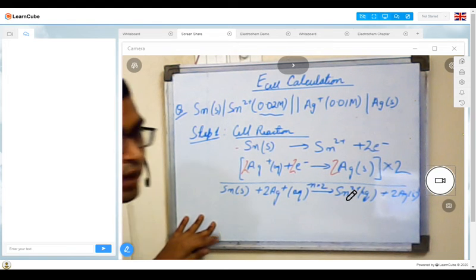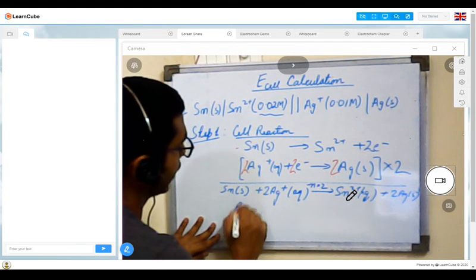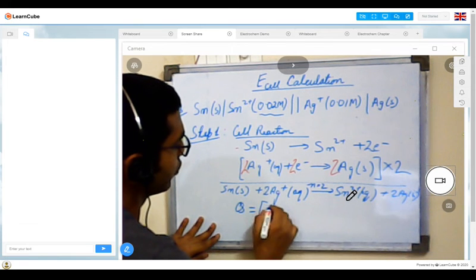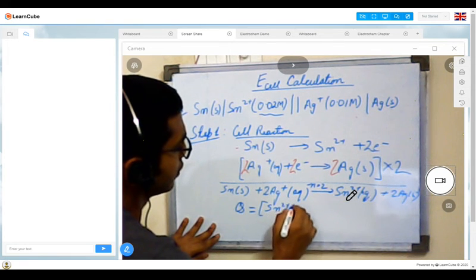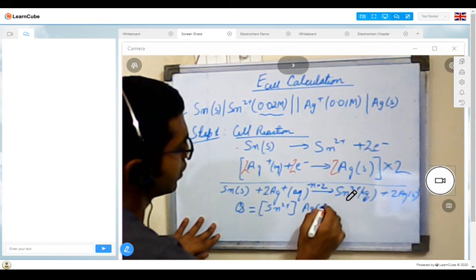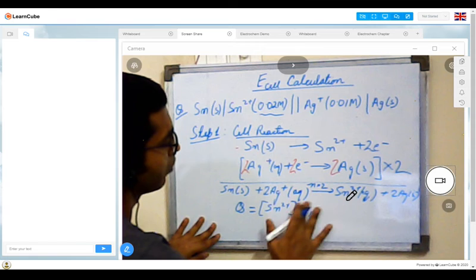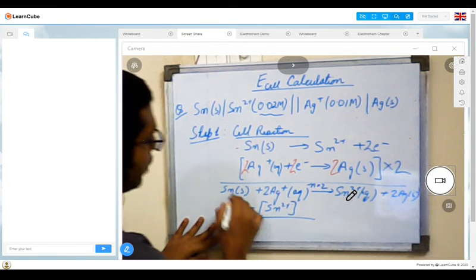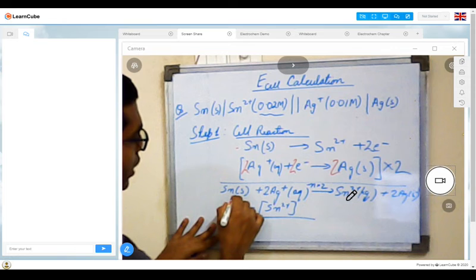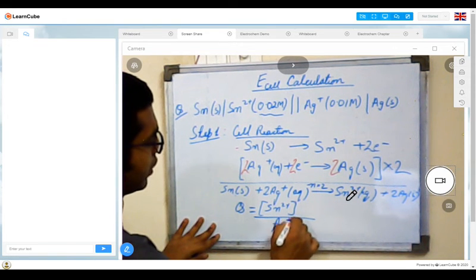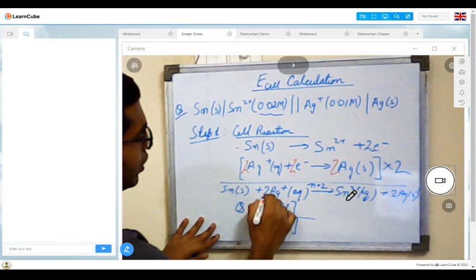The second variable is the reaction quotient Q. Q is equal to products, so Sn2 plus concentration, divided by reactants. Solids we won't take, as I told you in the last problem also. Reactant solid Sn we won't take, but Ag concentration we will take since it is aqueous, and Ag is to the power square.